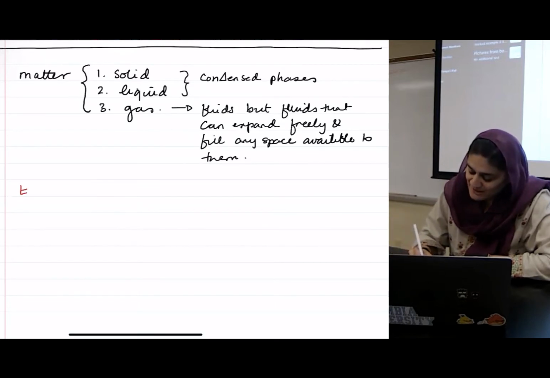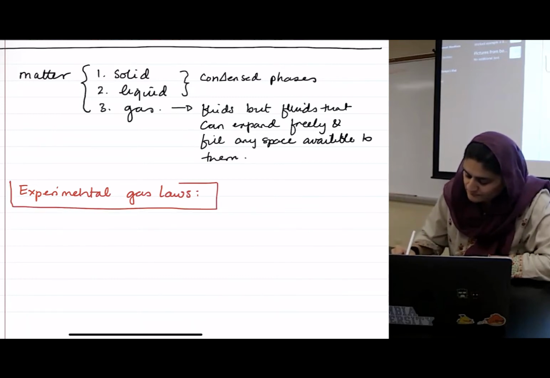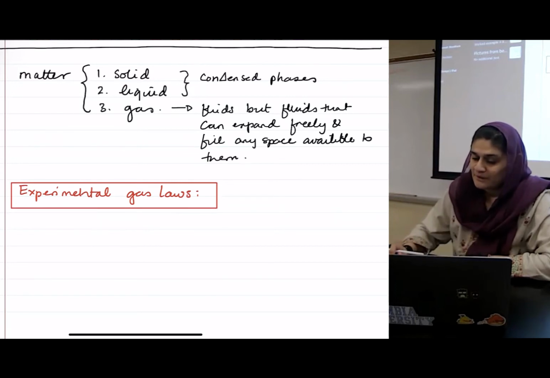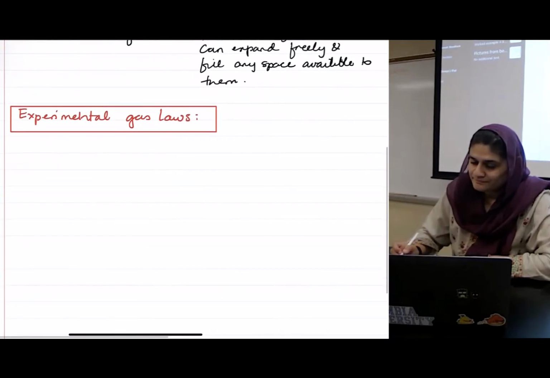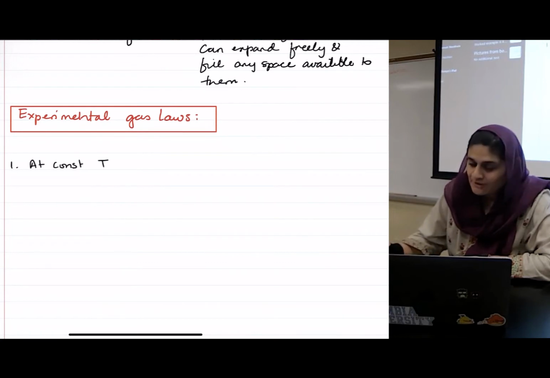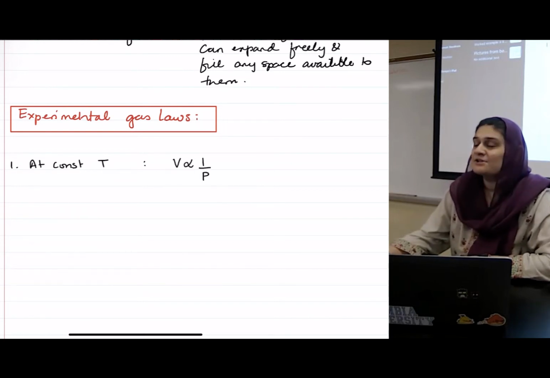So experimental gas laws. Number 1, at constant temperature, volume is inversely proportional to pressure.